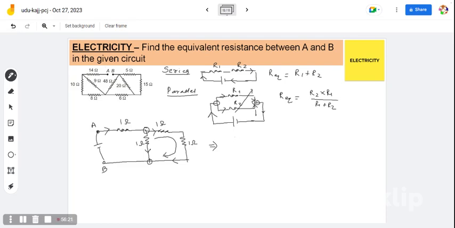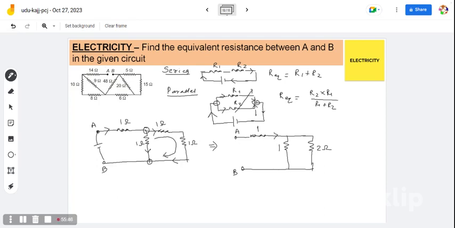So these two will be in series. What will be the equivalent resistance? 1 plus 1, 2 ohms. Then we join like this. So this is A, this is B. This is 1 ohm, this is 1 ohm, and this 1 ohm and 1 ohm will be in series.